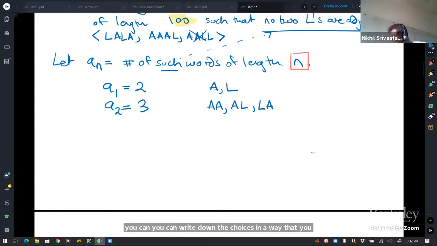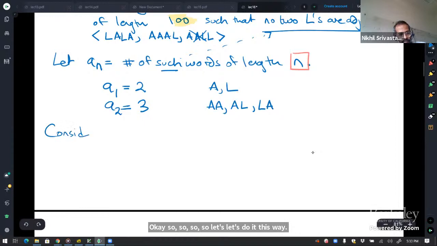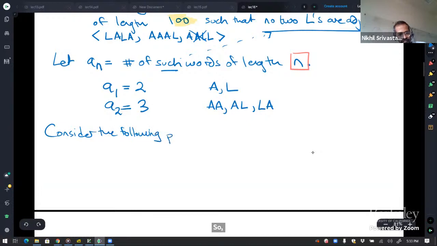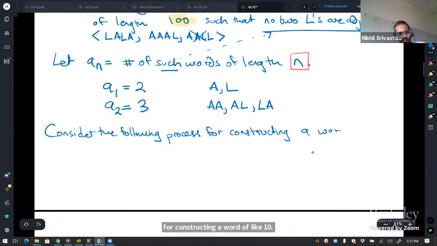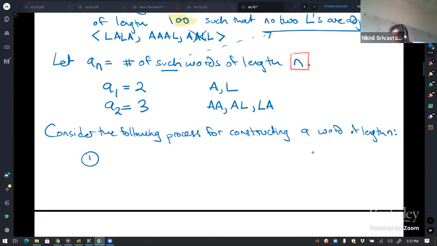Okay, so let's do it this way. Consider the following process for constructing a word of length n.